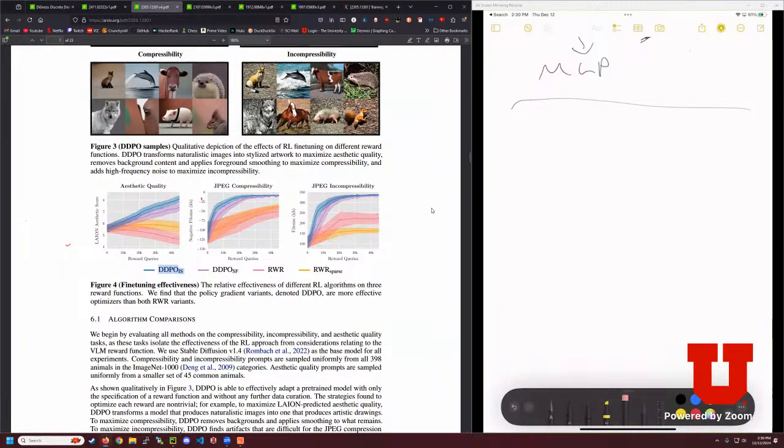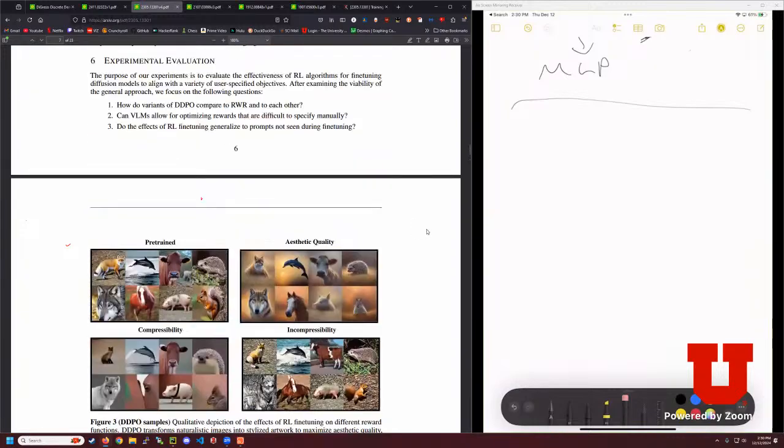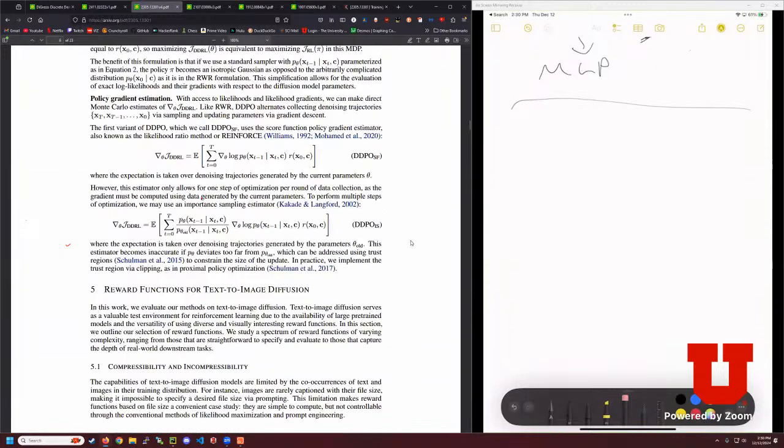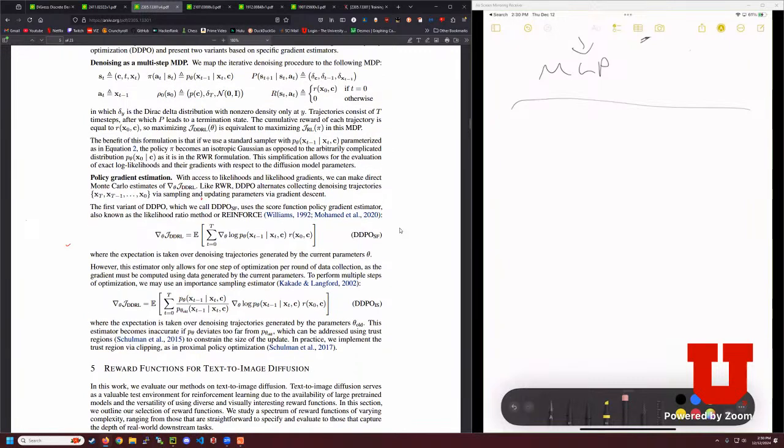So can I take a look at how they update the model? I can imagine every time they're going to generate a sample, right?